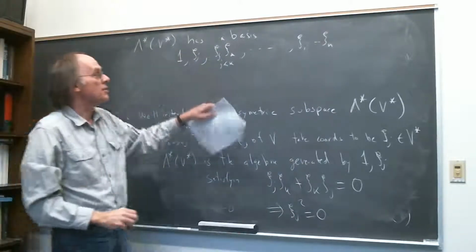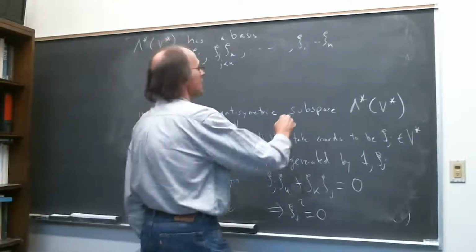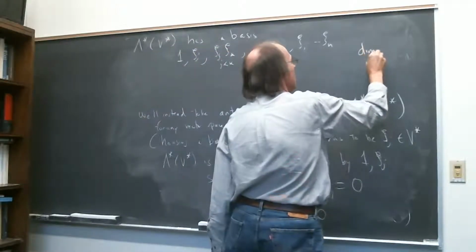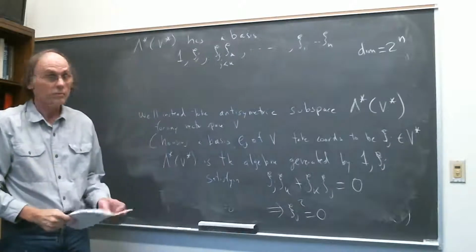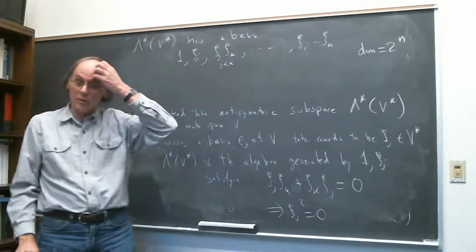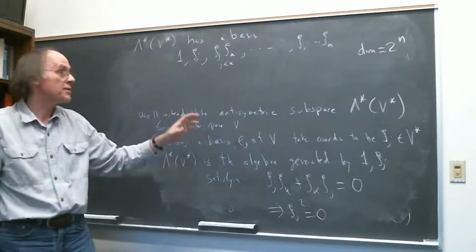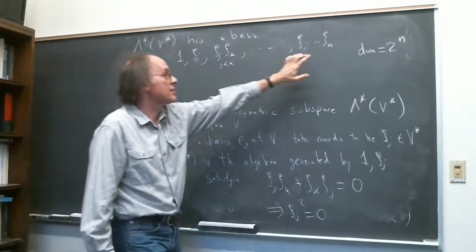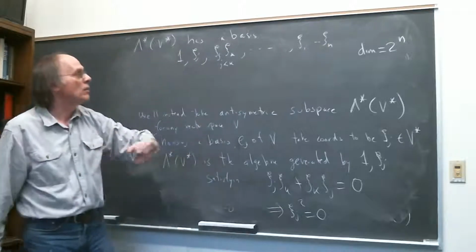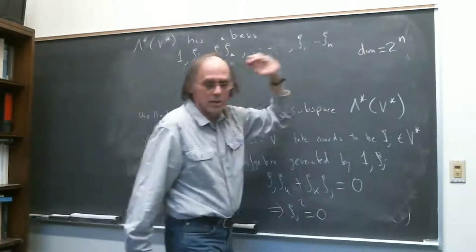And so this has dimension 2 to the n. And if you want, these can be real valued functions or complex valued functions. But in either case, this is what a basis looks like, and its dimension is 2 to the n.